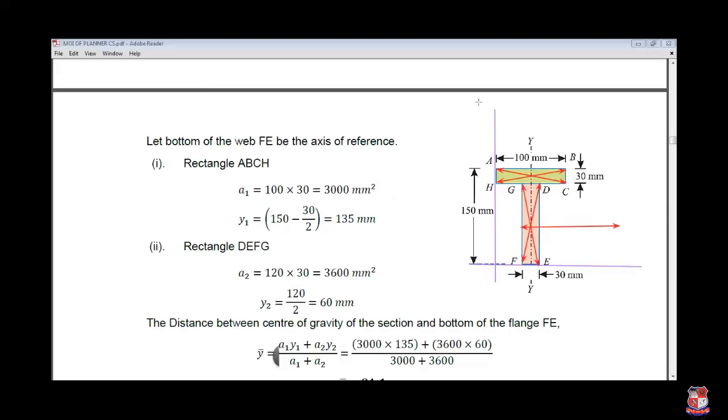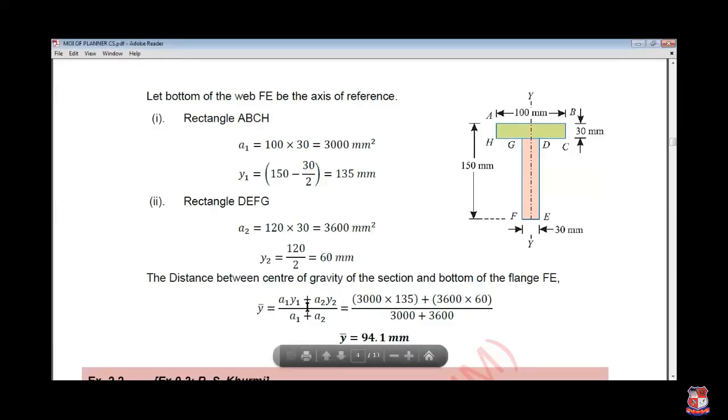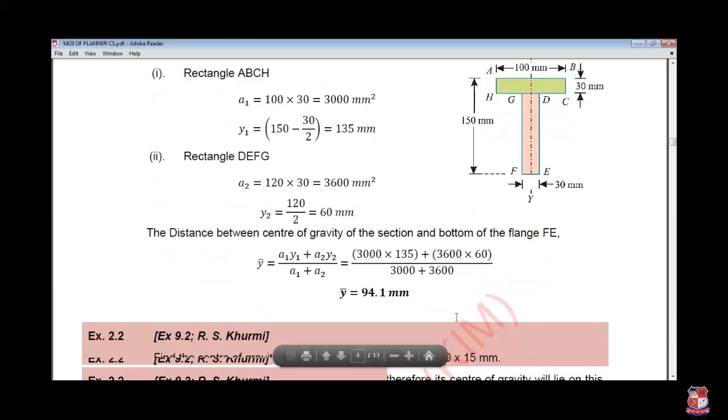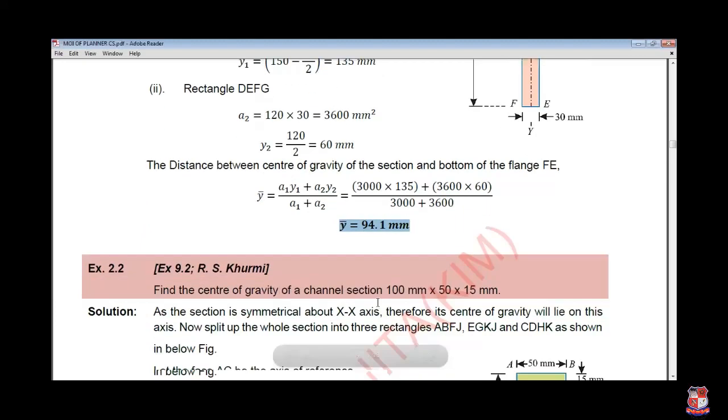Now simply put all this in your formula: A1 y1 plus A2 y2 divided by A1 plus A2. In this way you calculate this example and find your y bar. So your answer: x bar is 50 and y bar is 94.1. Somewhere at this point its centroid is located.